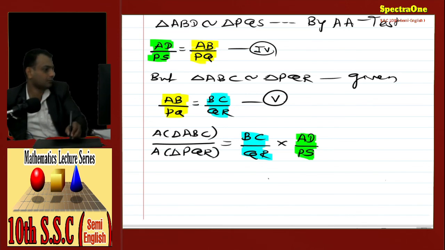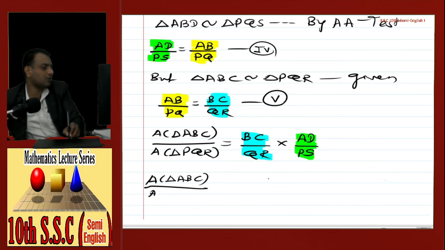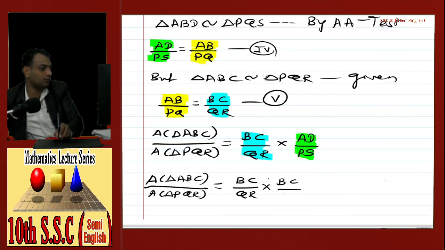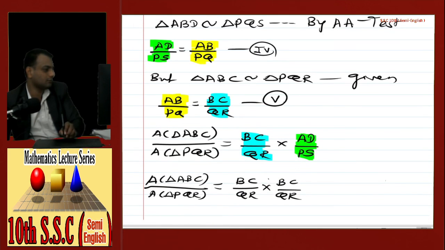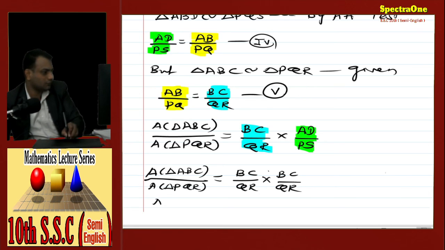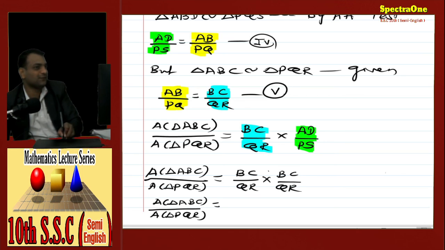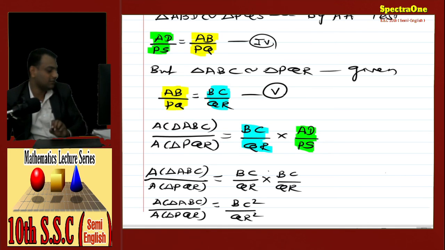Therefore, area of triangle ABC upon area of triangle PQR equal to BC upon QR into BC upon QR, which is equal to BC square upon QR square.